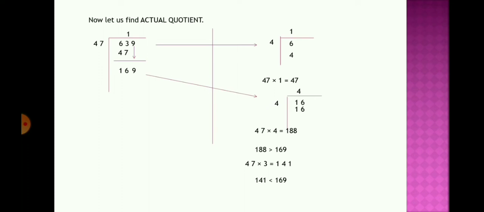So we can take 3 as quotient and 141 below 169. Subtract. You will get the difference as 28. 28 is smaller than 47. We can stop the division. So actual quotient is 13 and the remainder is 28. Do you understand, children?